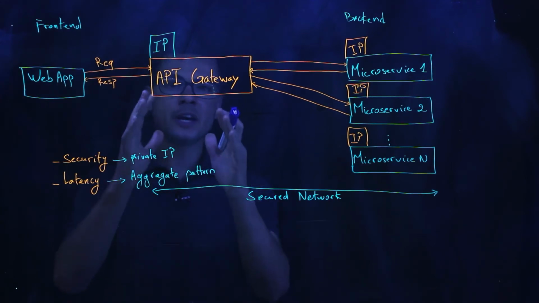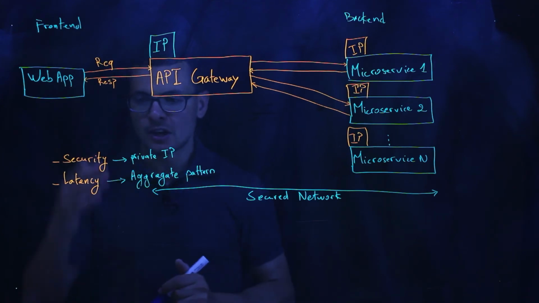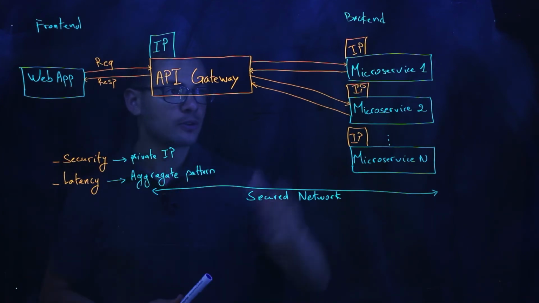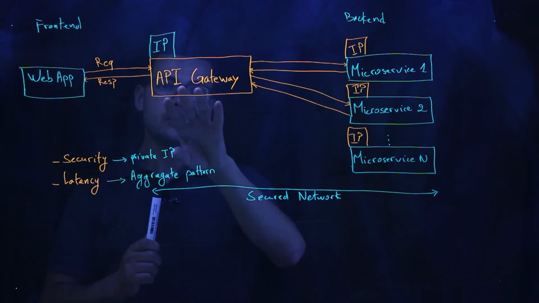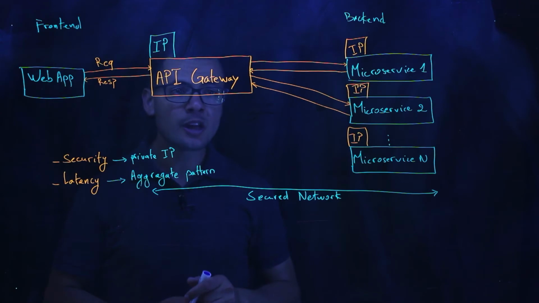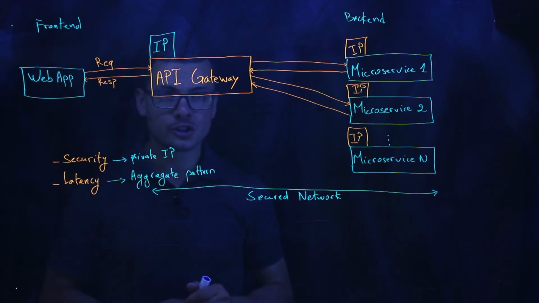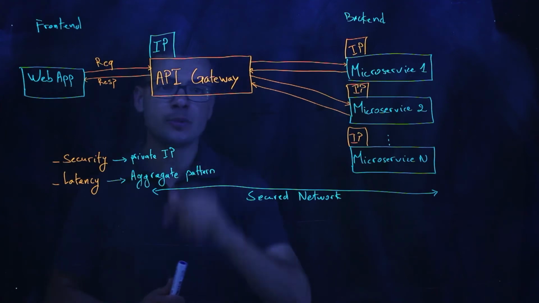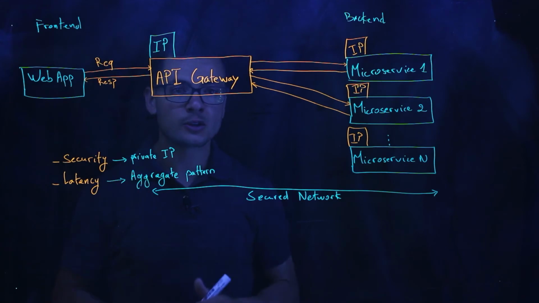So with an API gateway, we'll have those two main benefits: enhanced security and reduced latency for our microservices. But when we implemented the API gateway, we saw that actually we can get benefits of some other cool features that could be implemented at the API gateway level. Those could be the cross-cutting concerns.